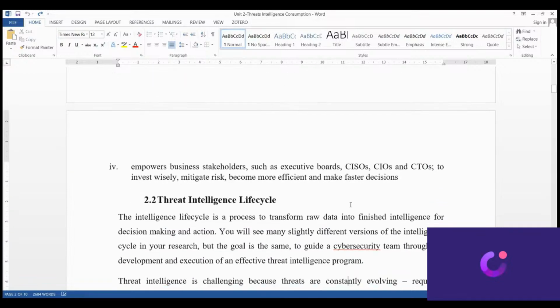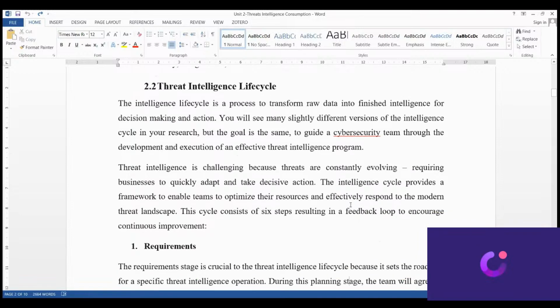Then, the threat intelligence life cycle. The intelligence life cycle is basically a process to transform raw data into finished intelligence for decision making and action.